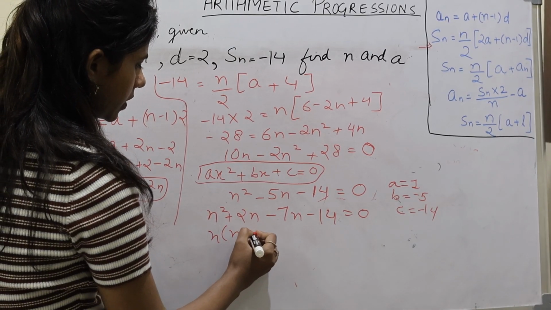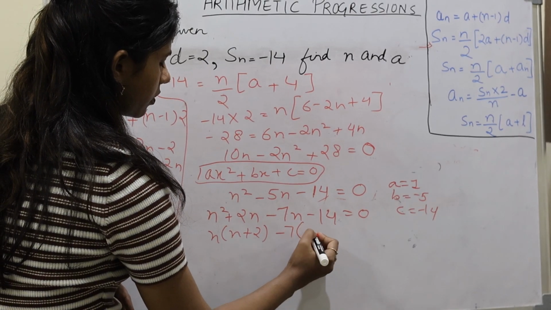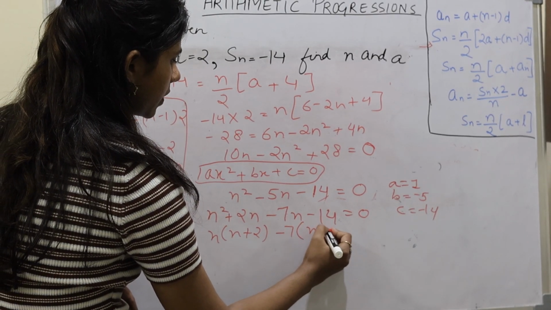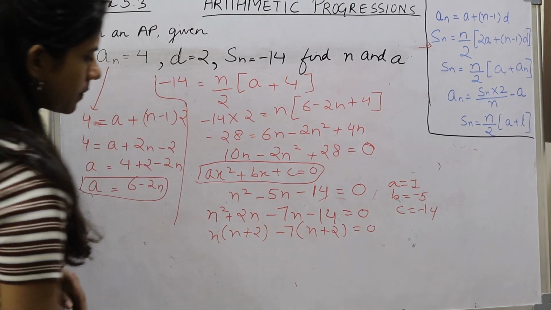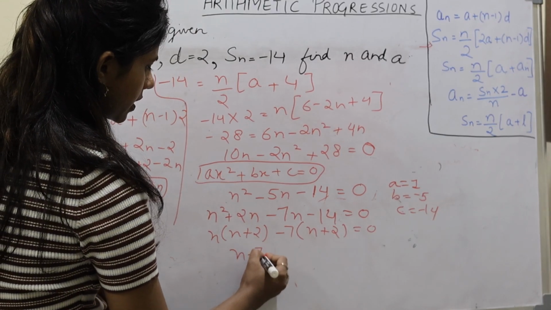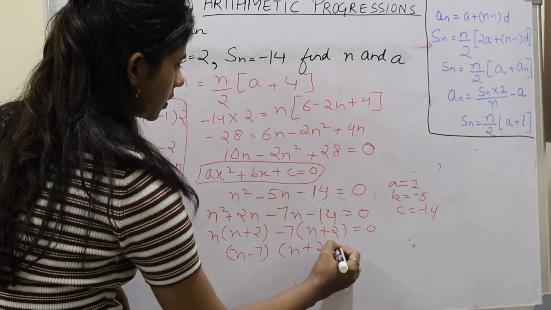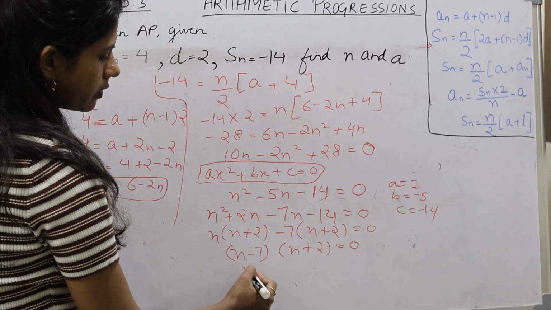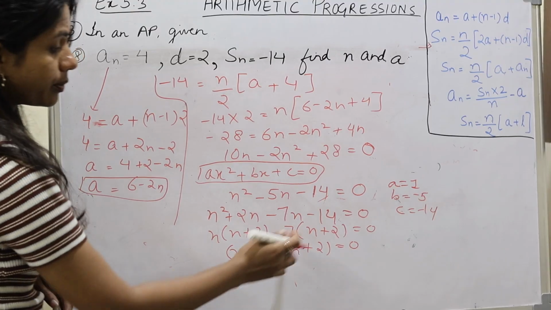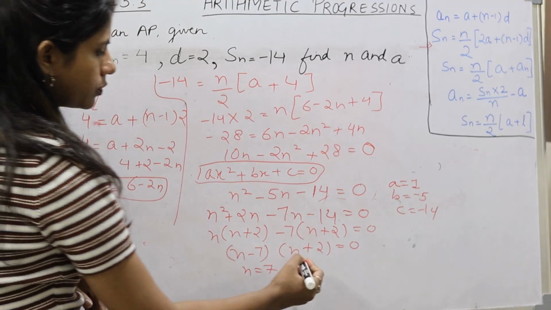It will be n plus 2, and minus 7 will take common, it will be n plus 2. So it will become n minus 7 and n plus 2 equal to 0. So n minus 7 equal to 0 gives n equal to 7. And n plus 2 equal to 0 gives n equal to minus 2.